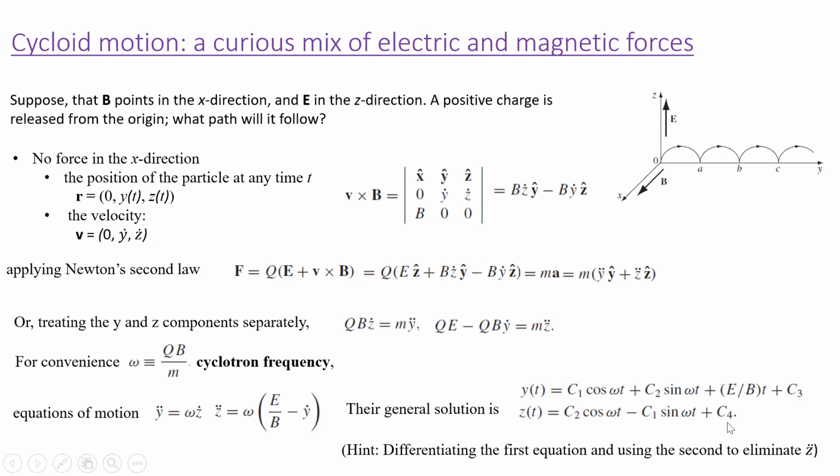Just as a little hint of what we'll be doing in class, if we differentiate the first equation, we get y triple dot is equal to omega z double dot, and then we can solve for z double dot and equate that to the right-hand side of the second equation.